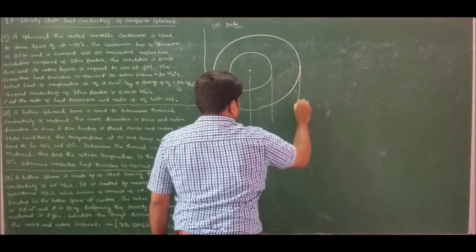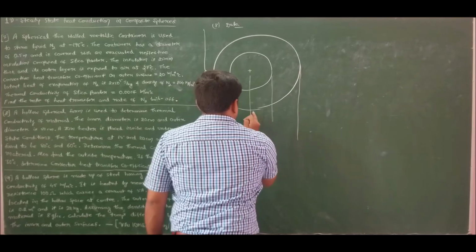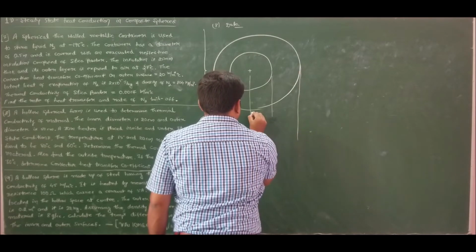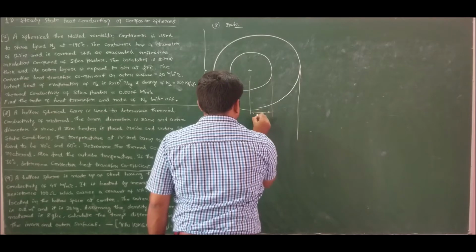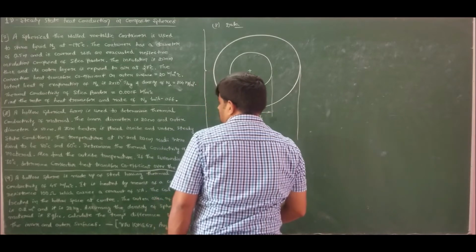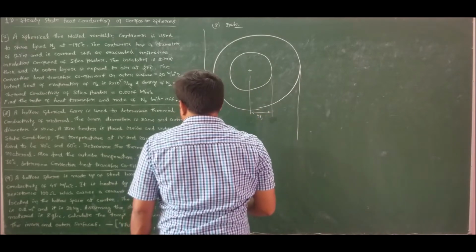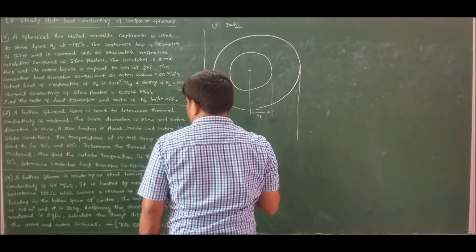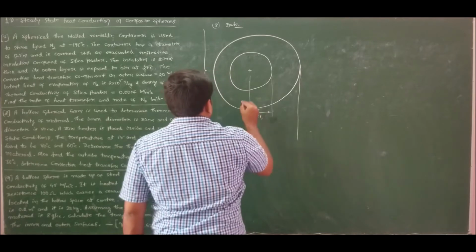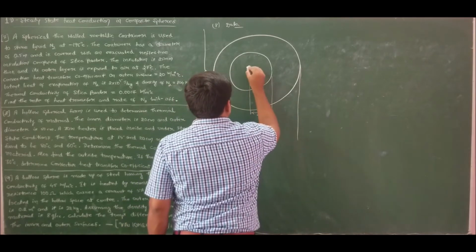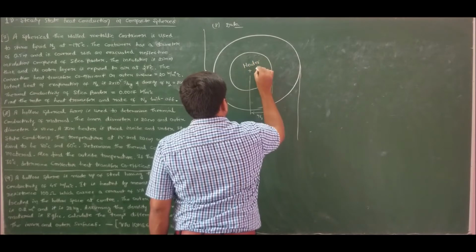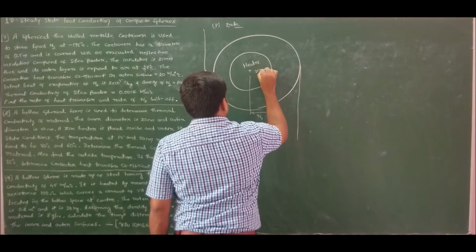Let me write down the diameters, convert it into radius and write it down. So we have the radius R1, which is turning out to be 10 centimeters, and R0 is turning out to be 50 centimeters. We have a heater placed inside which is producing 30 watts.